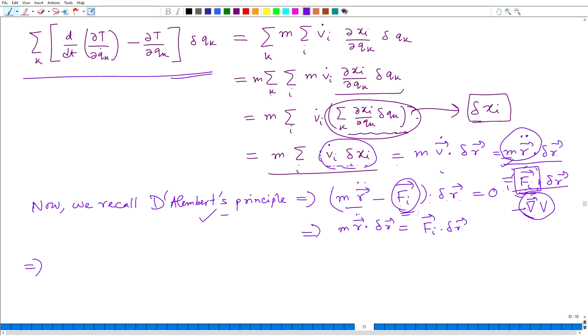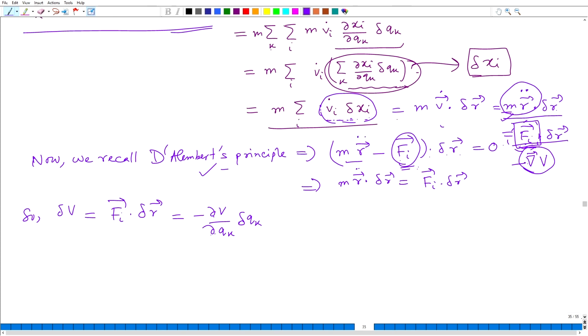Okay. If I write that, actually you can show that delta v will be actually equal to this f i dot delta r, okay, and will be equal to minus del v del q k times delta q k.